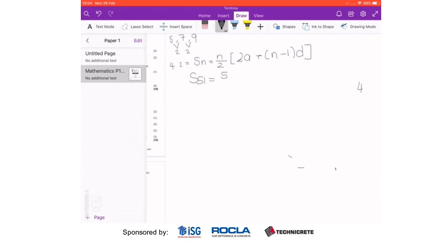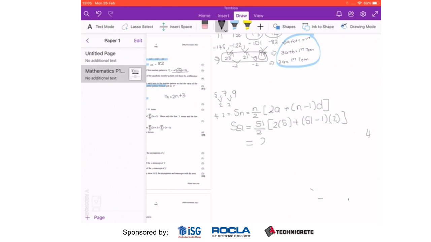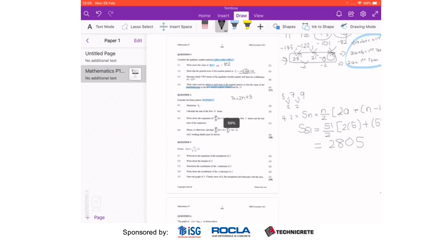So we're substituting 51 over 2, my a is 5, plus my n is 51, that's what we're finding, 51 minus 1, my d is 2. Now you can put this into your calculator to not overcomplicate it, and then we've got the answer, which is 2,805.